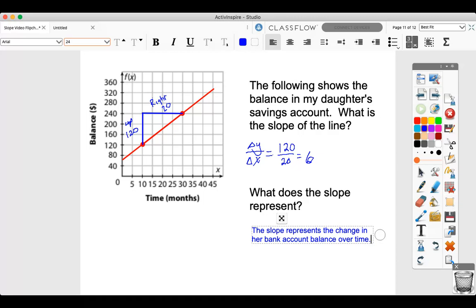So the slope represents the change in her bank account balance over time.